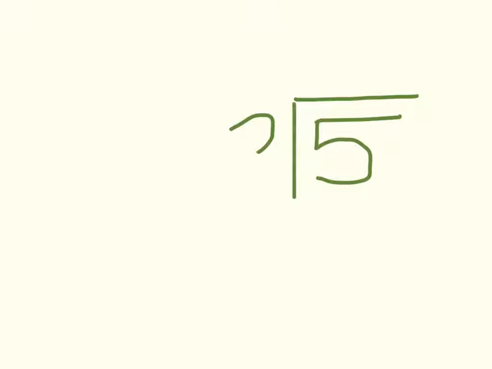All right, let's do 5. I have 5 pies, and I'm going to divide the 5 pies between my 2 friends. Now you don't always have to draw pictures. I'm just drawing pictures with them for this first lesson so you can see what we're doing.